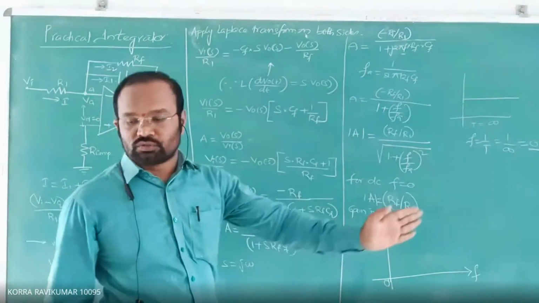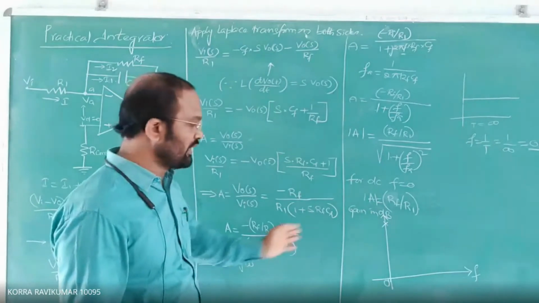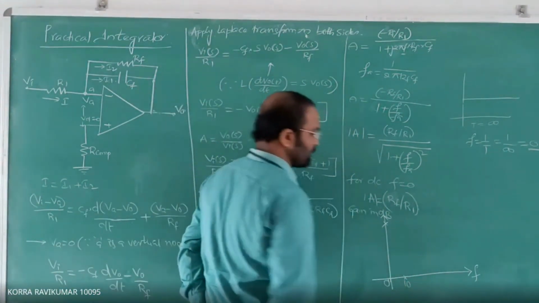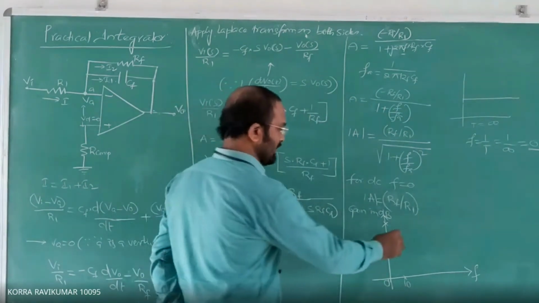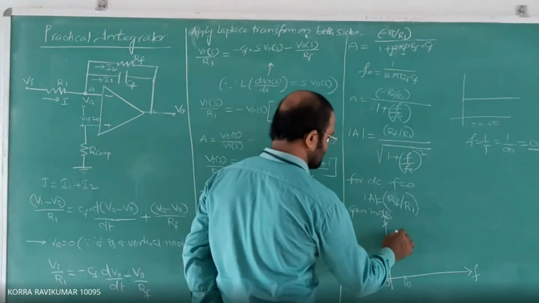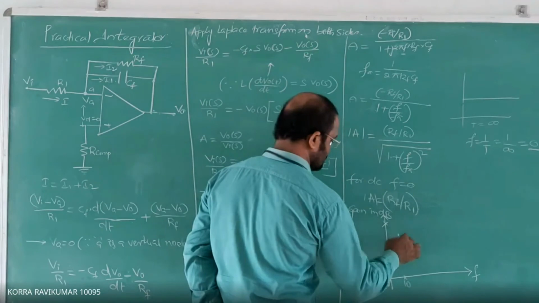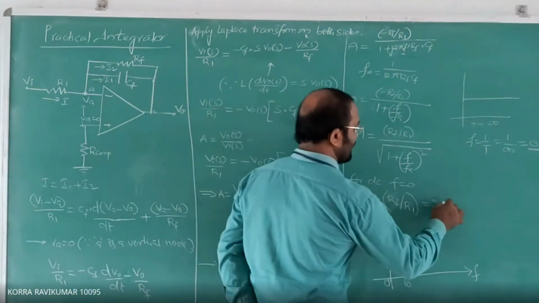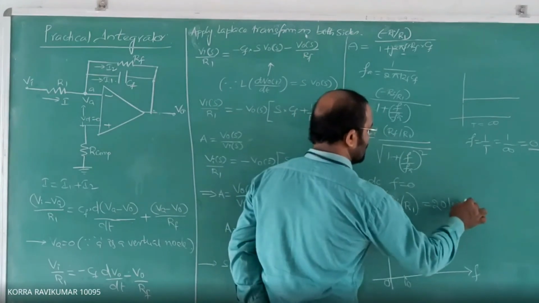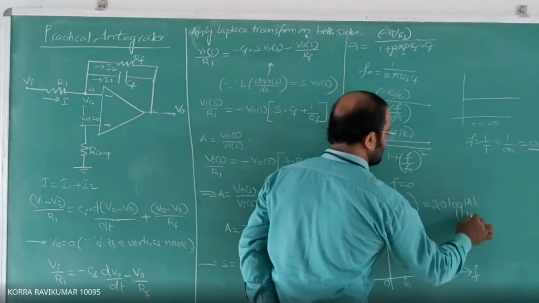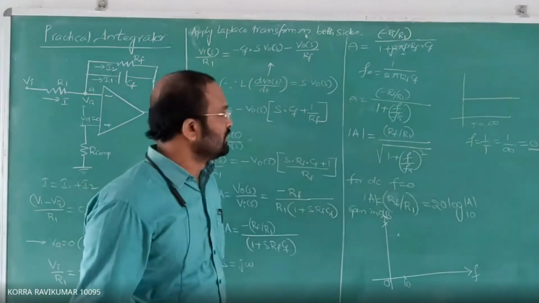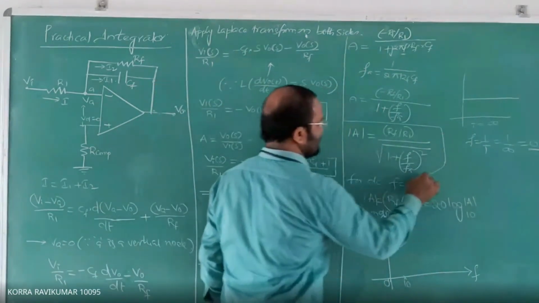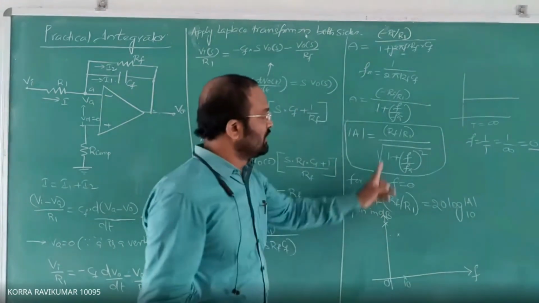If you go on increasing the frequency, if frequency is 10 hertz, then gain decreases. The gain equation is: gain in dB is 20 into log mod A to the base 10. Here mod A is this expression.